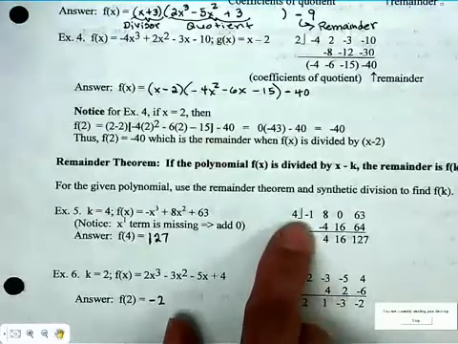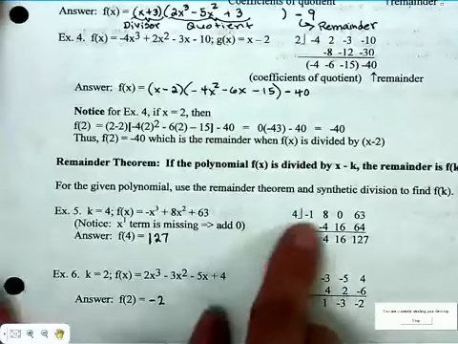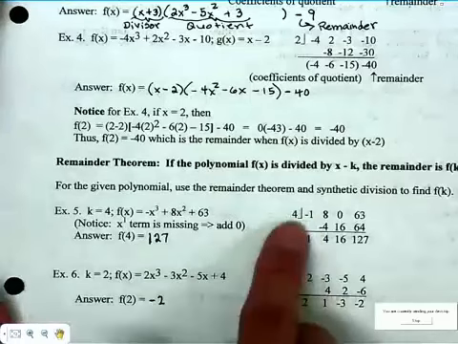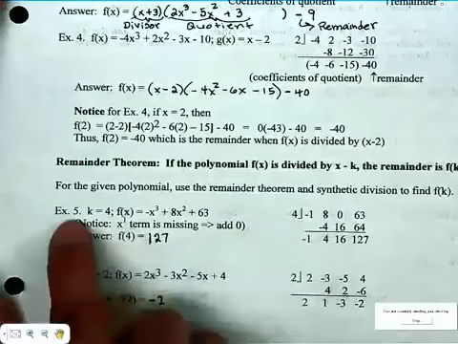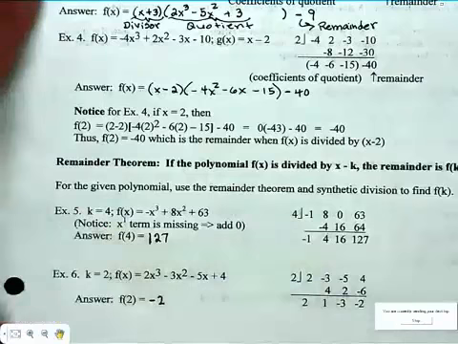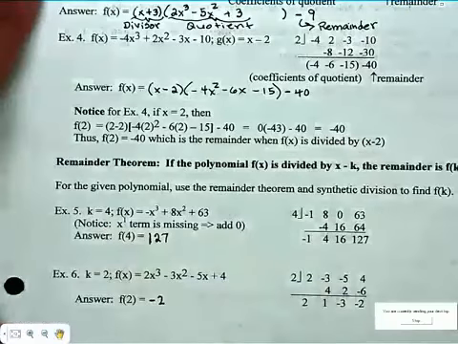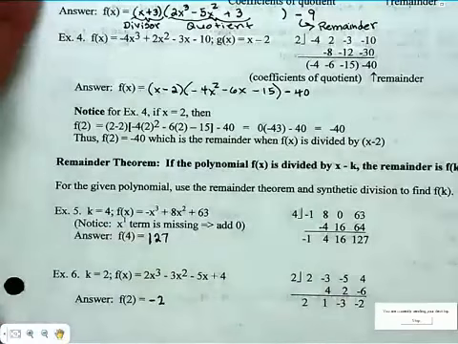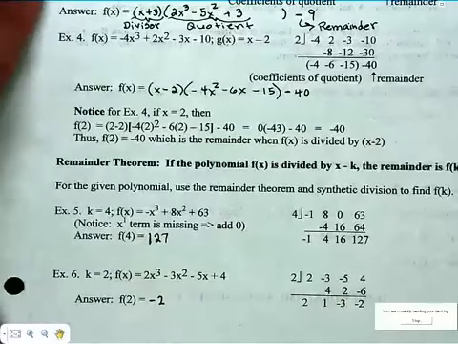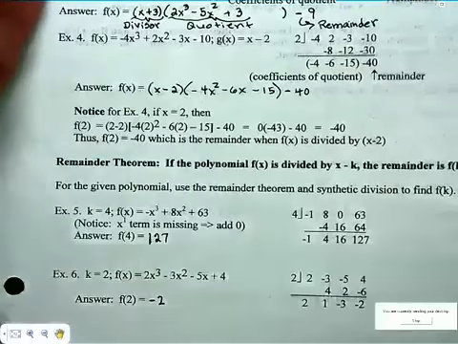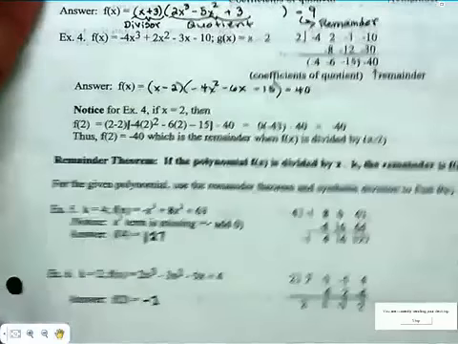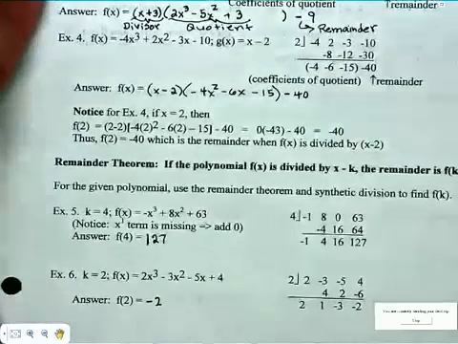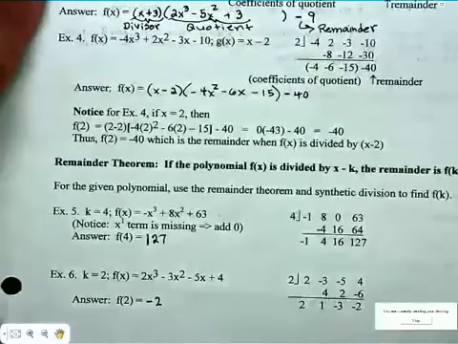X minus 4. That's when I'm dividing by x minus 4 that I put a positive 4 in the box. That's what the k is. Not only if it's the remainder theorem, but anytime it gives you a k value, it's giving you what goes in the box. X minus that. Yeah. All right.